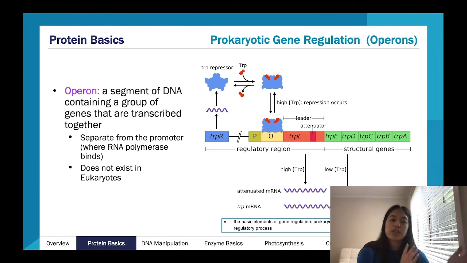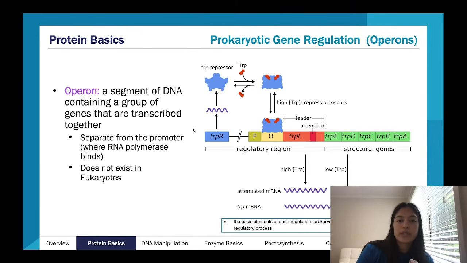So rather than transcription for this gene and then that gene and then that gene, these genes all work together for the same purpose. So the prokaryote just goes, okay, I'm going to chuck them in an operon. And when I need them, I'll need them all at the same time. So then I'll just transcribe the whole operon. Basically, that's what we're looking at there.